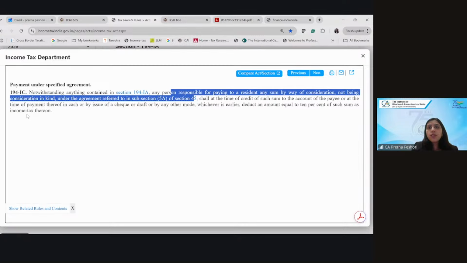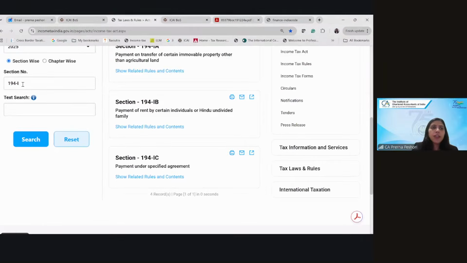Clear, students? Ma'am, the developer will pay the TDS, right ma'am? Yes. Okay. Right? Okay. Let's move to another commonly used section in practice, 194J.